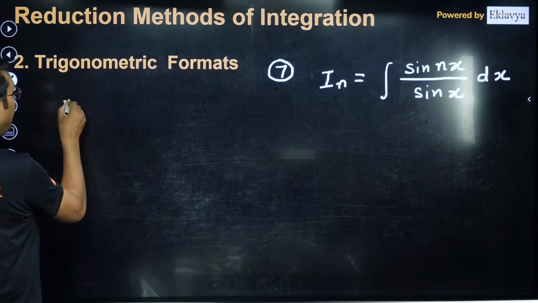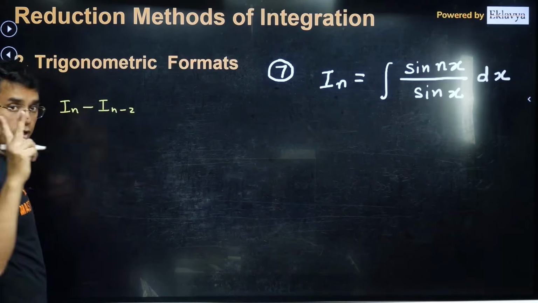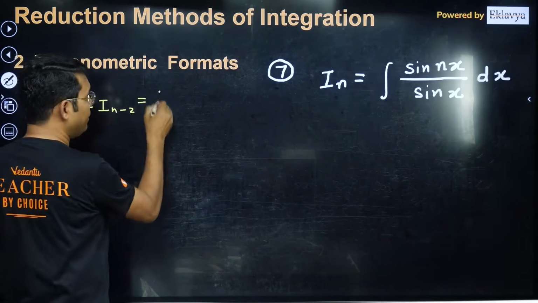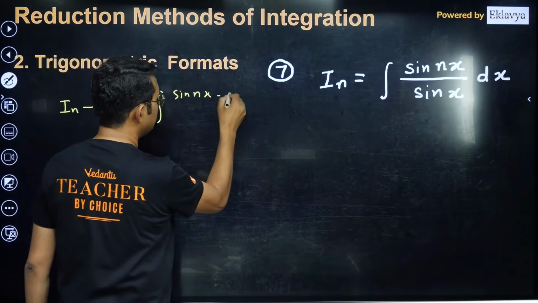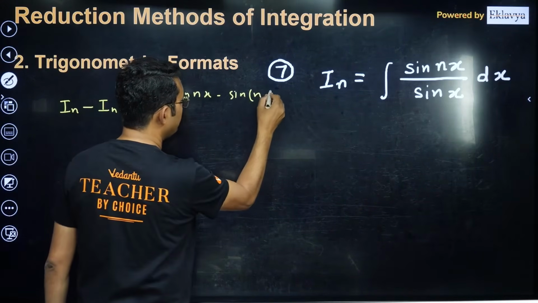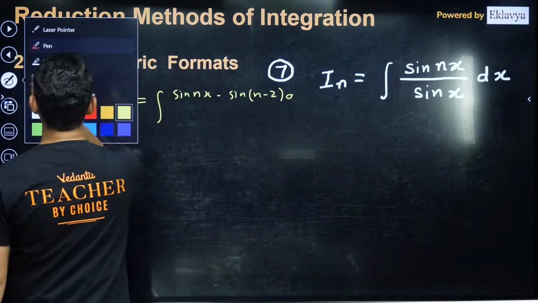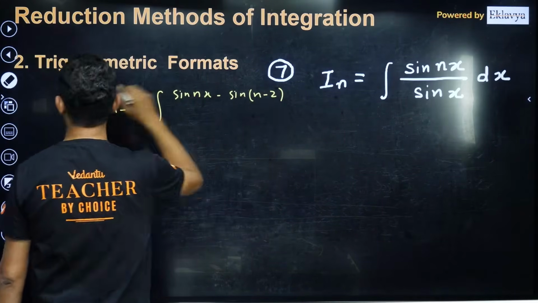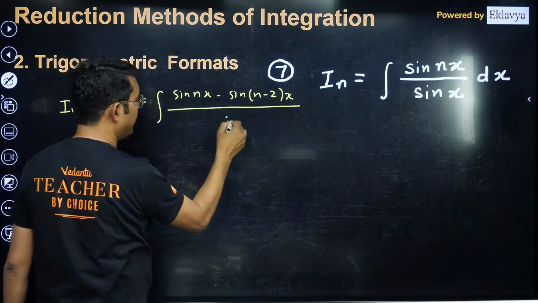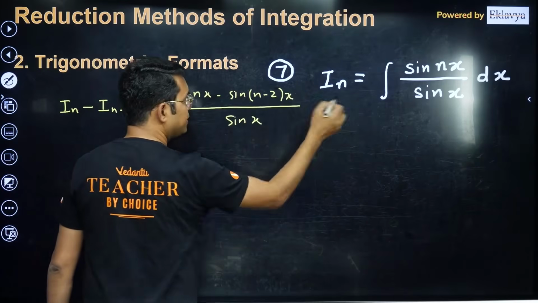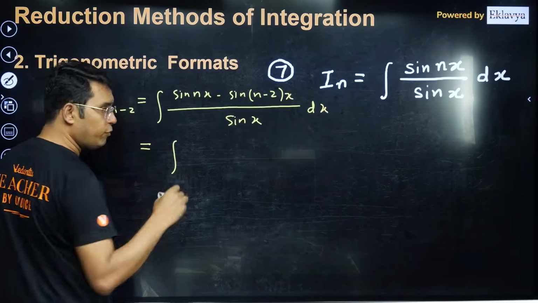You can write a difference of 2 here. In this case, it will become sine nx minus sine (n minus 2)x, and in the denominator sine x, because the denominator is the same, it is independent of n. In this case, the sine c minus sine d formula we can apply.